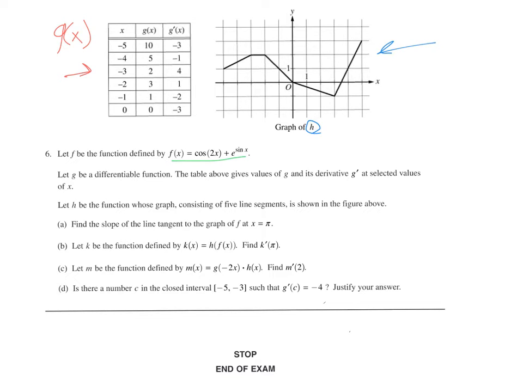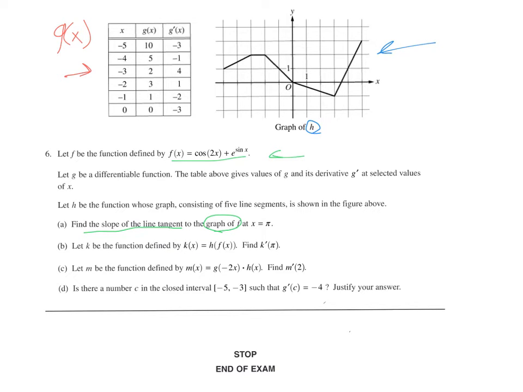For part A, it says find the slope of the tangent line to the graph of f. So I'll use the f function, and I have to take the derivative of this. Well, the derivative of that, guys, is going to require stuff from Chapter 2, the derivative chapter, and also Chapter 5, where we dealt with taking the derivative of e to some kind of variable.